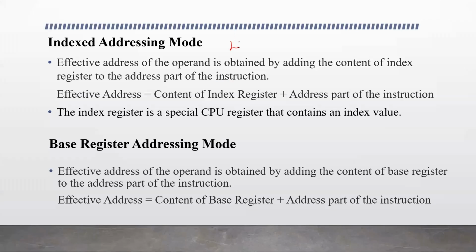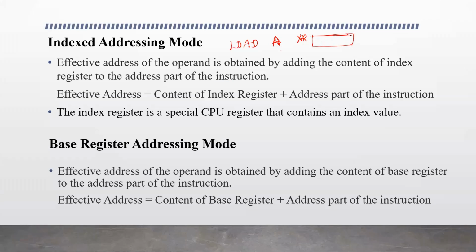Let's say the address part of the instruction is A, and the effective address is obtained by adding the content of this address to the index register. The index register is denoted as XR, and it resides in the CPU.